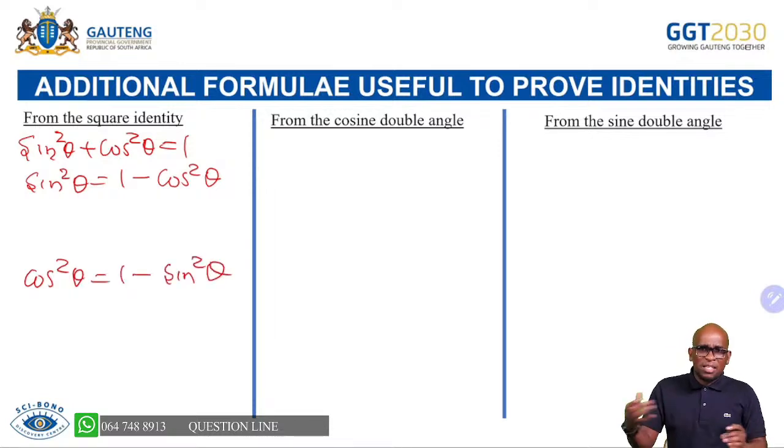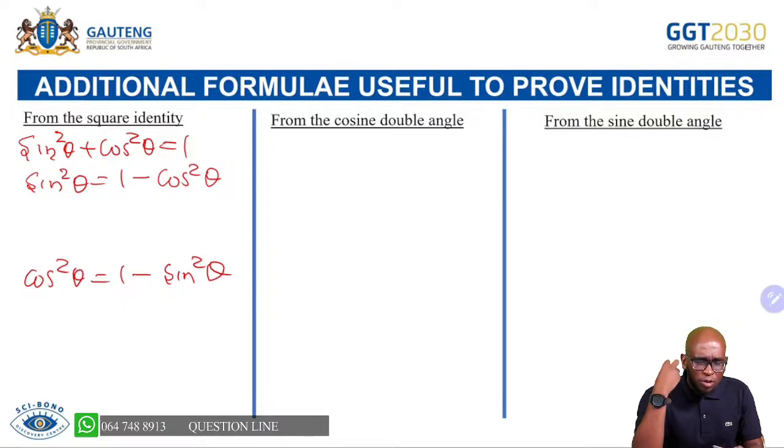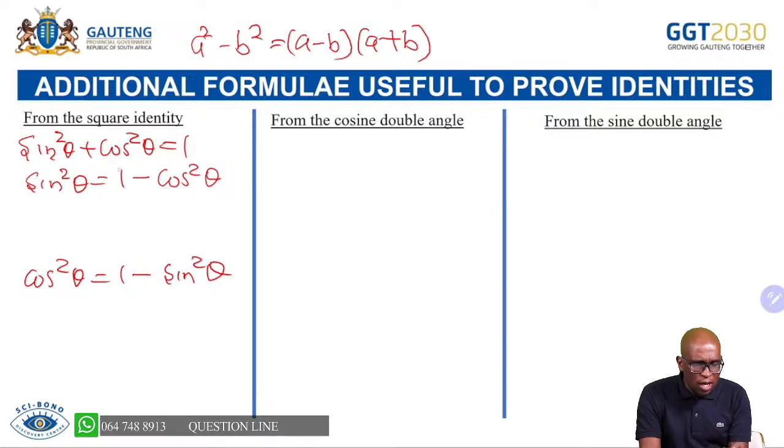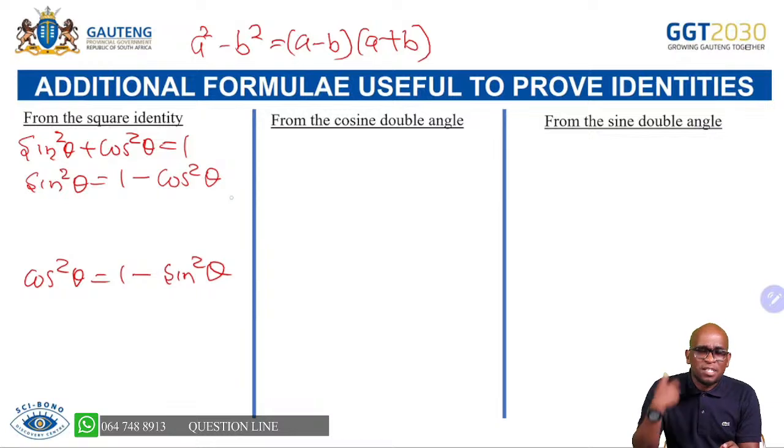But if you look at this, there's something extra that we can do. Zoom into this, you can see that we have what we call a difference of two squares, where if we have a squared minus b squared, this is equal to a minus b, a plus b. Also here, 1 is the perfect square, the cosine squared of theta is the perfect square.